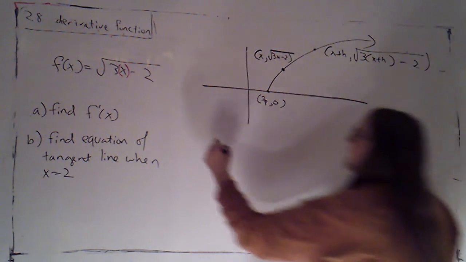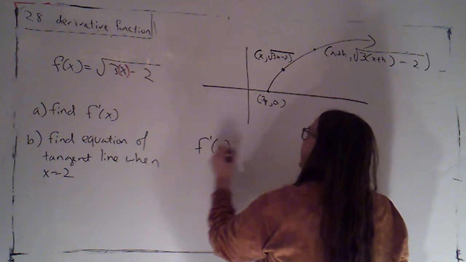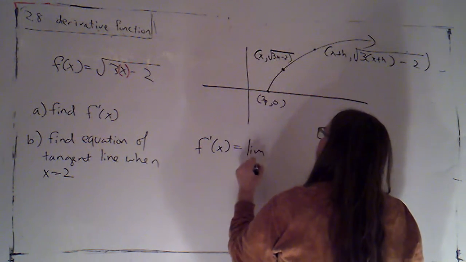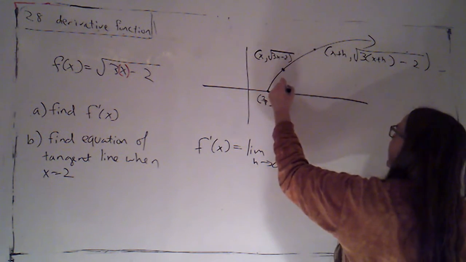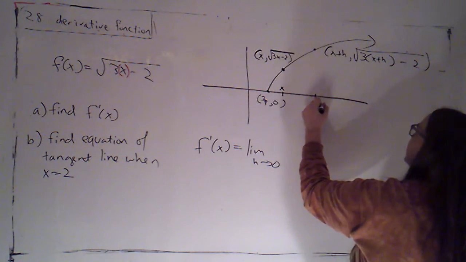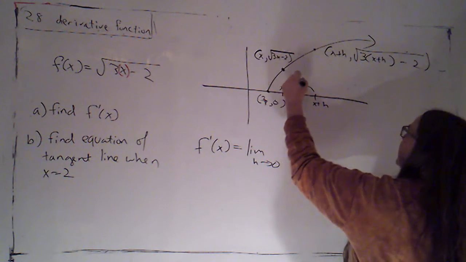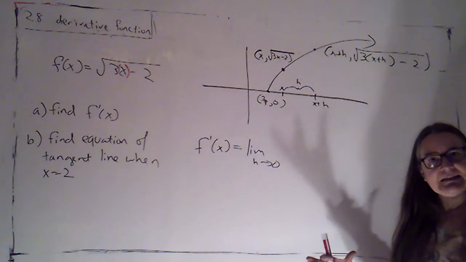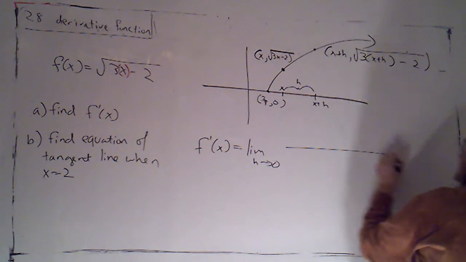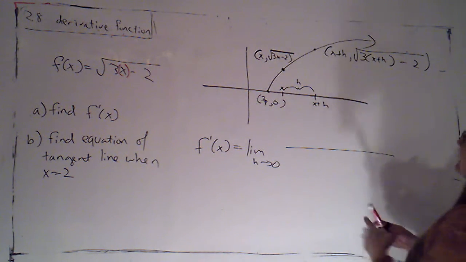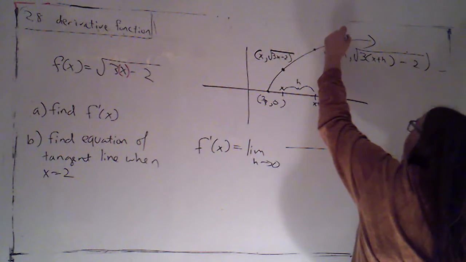Okay. Now f prime of x is going to be the limit as h goes to 0. So again, here's x plus h. H is just the signed distance between those input values. And we're taking the limit of the slope of the secant line. I can even draw that in.